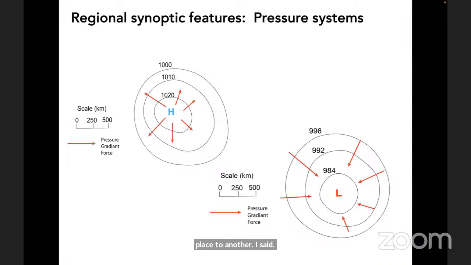How can moisture be transported, and why? That's when we need to talk about this pressure idea, high pressure and low pressure. So first, what is pressure? Pressure is simply a weight, the weight of the air above your head. If pressure is the air above your head, as you go up, would the pressure decrease or increase?